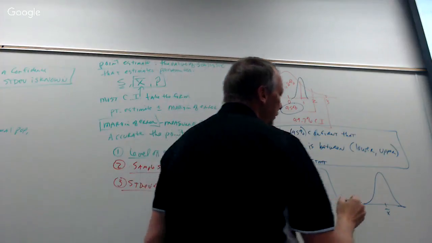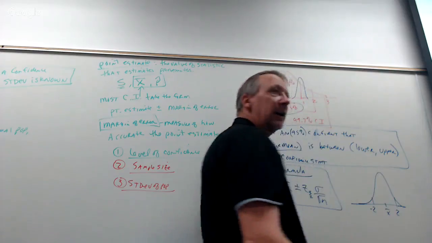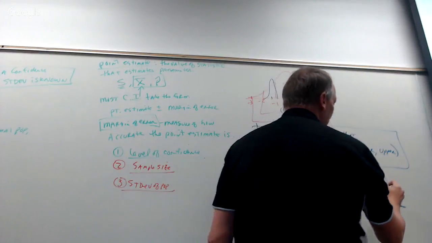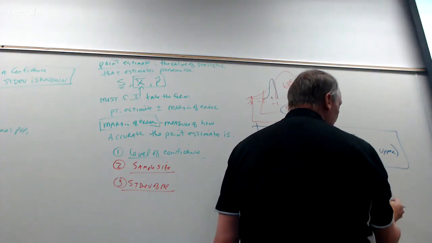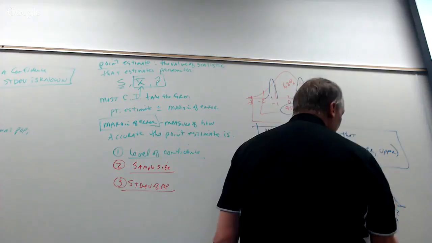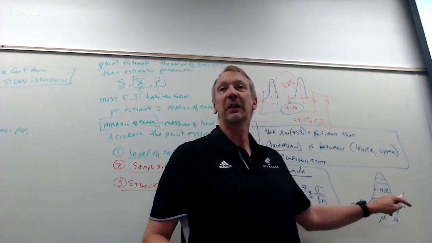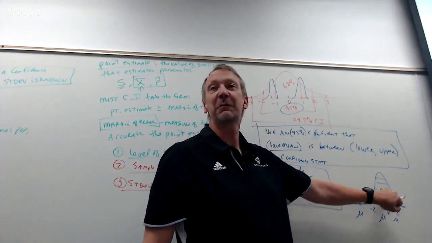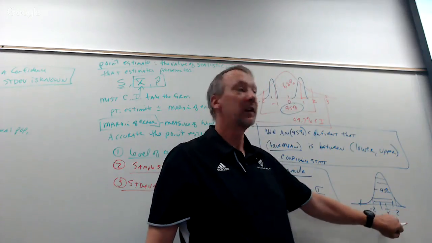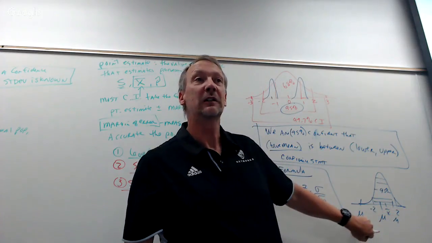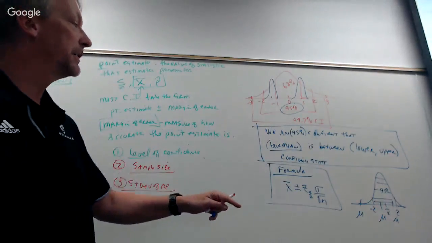So one way to think about it is if you go out 2 standard deviations, you could be 95% confident that the true mean might be here. It also could be out here, right? Because you could be wrong. But if you repeat this experiment 100 times, 95% of the time, your confidence interval should contain the true mean. 5% of the time, you're going to be wrong. On average. And so that's what you can think of as a confidence interval.